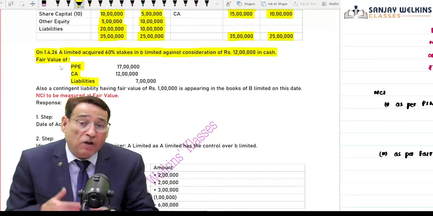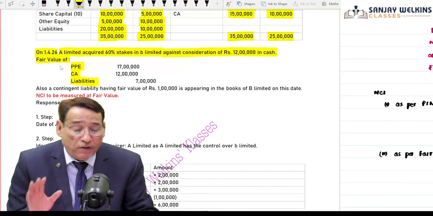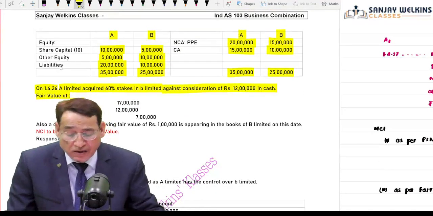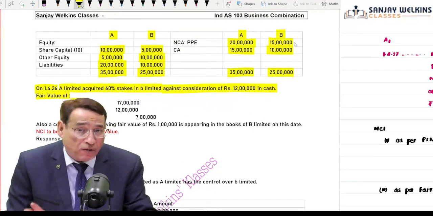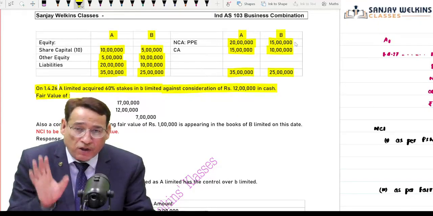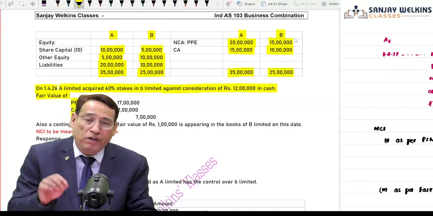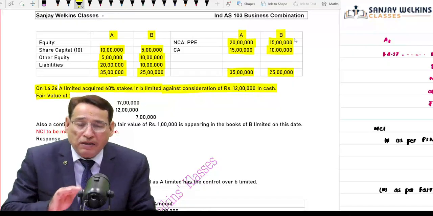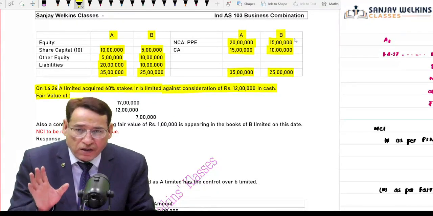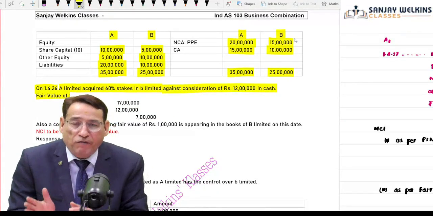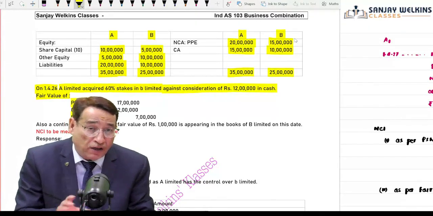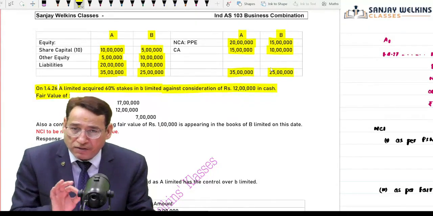The question has stated only fair value. So you must understand that this is the fair value of items of B Limited, whether the question states it or not. That means whenever fair value information is given in the question, unless specifically stated, you will always presume that fair value information is related to items of the acquired entity. Is it clear to you?